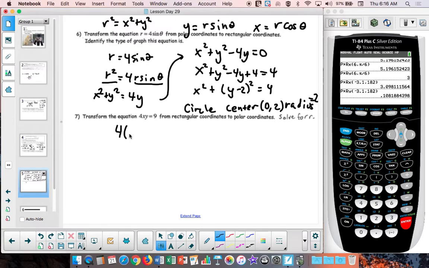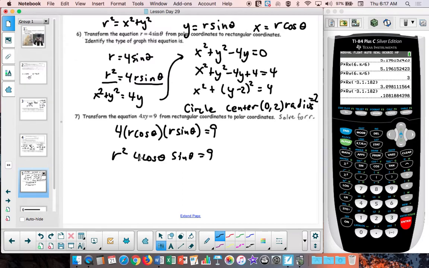So r cosine theta, and then our r sine theta, and then simplify, solve for r. If you multiply this out, we get r squared 4 cosine theta sine theta.